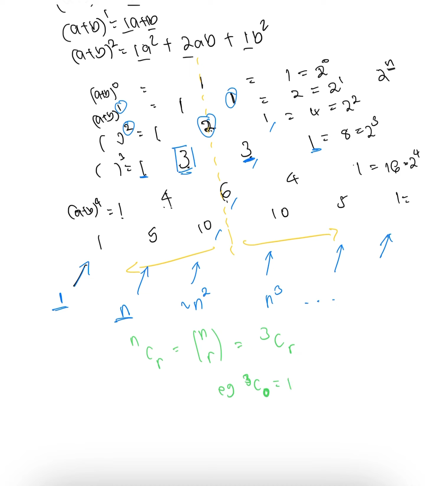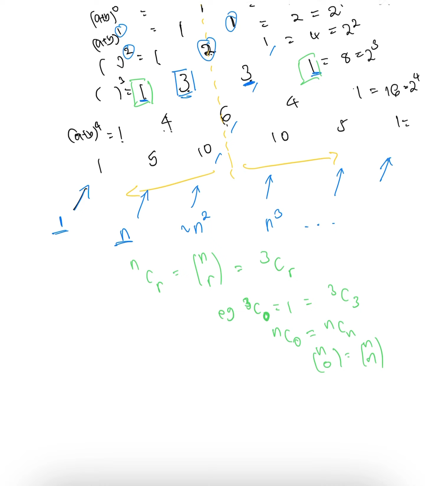That's 1. And whenever this number is 0 or this number is 3, because it's symmetrical, we're talking about this part of the triangle: the number of ways of choosing 3 A's and 0 B's, or the number of ways of choosing 3 B's and 0 A's. These are always going to be equal. So n choose 0 equals n choose n. This is always true, by the way, and you can always write this down as true.